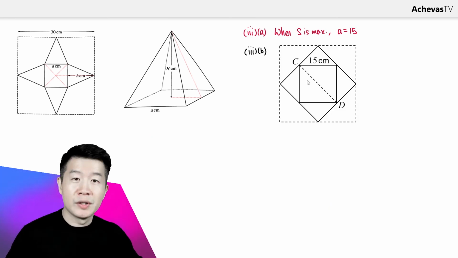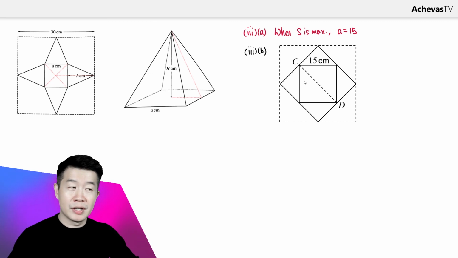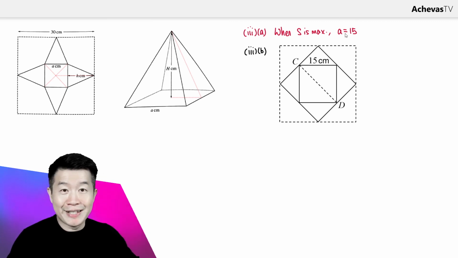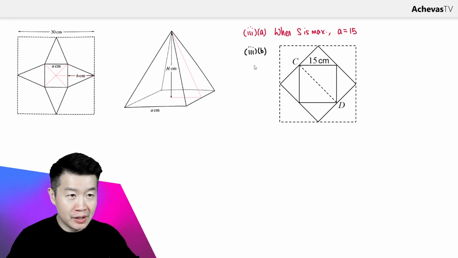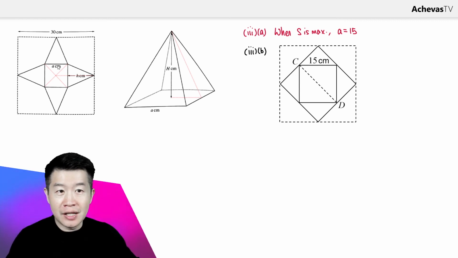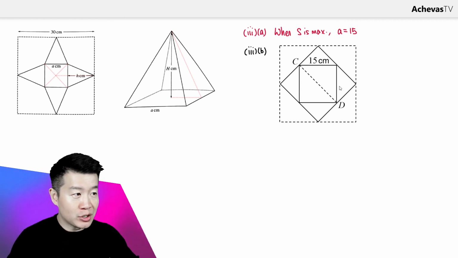From the previous part, when the total surface area of all the triangles is maximized, we know that A is equal to 15. So this A here becomes 15, which makes h equal to 30 minus 15, divided by 2. So this length here will now be 15 over 2. In fact, this is also going to be 15 over 2.